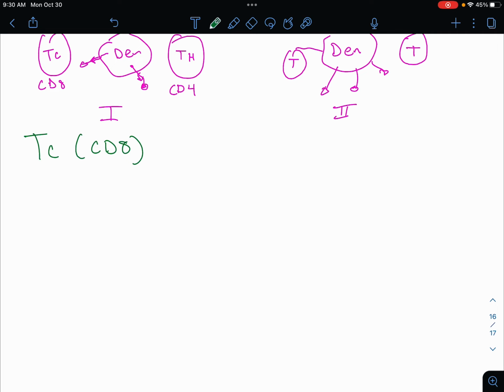So the cells are going to present internal antigens, or proteins, endogenous antigens in MHC class 1.